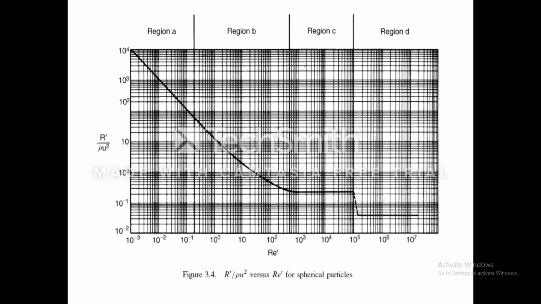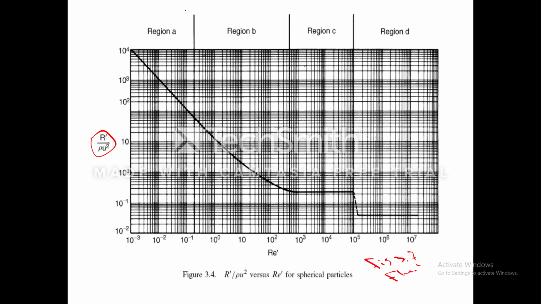This figure shows the relation between Reynolds number for spherical particles and the friction factor R dash over rho u squared. And this figure is similar to figure 3.7, which we took in fluid flow.